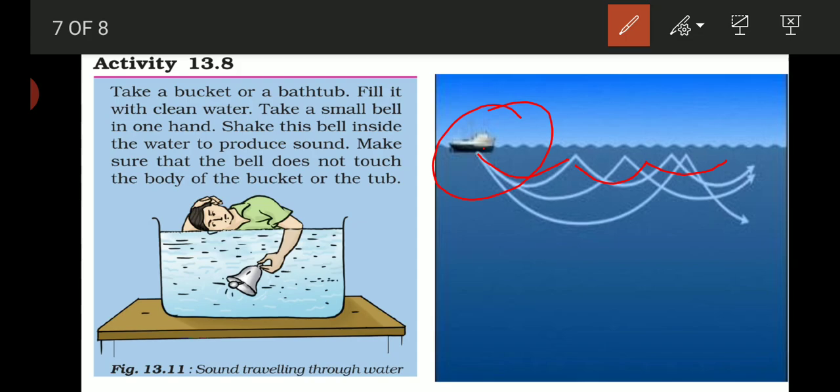That means sound can propagate through water. In the same way sound propagates through air, it also propagates through water by compression and rarefaction. So students, through water also sound propagates by the vibration of the particles of the water.